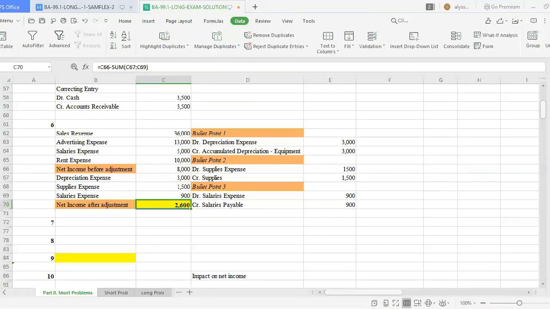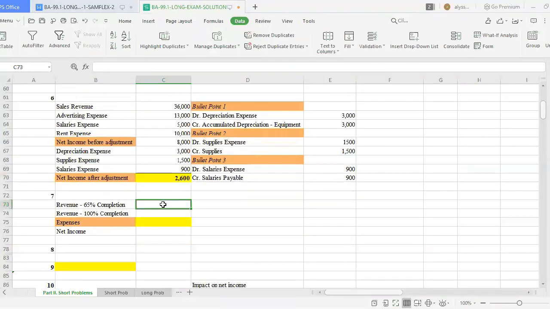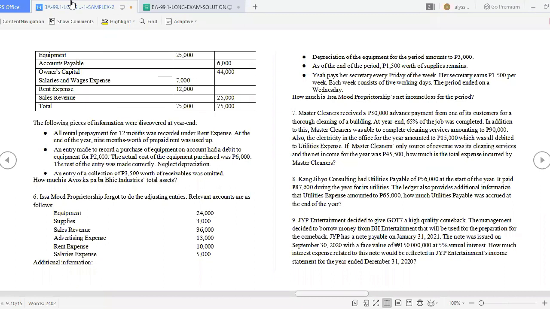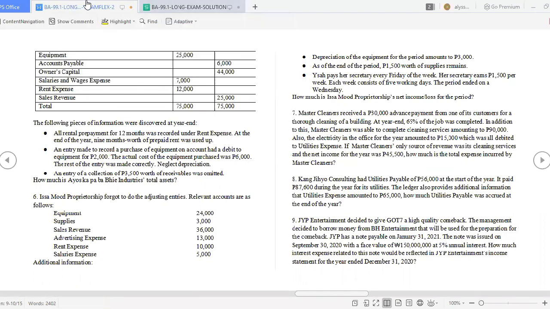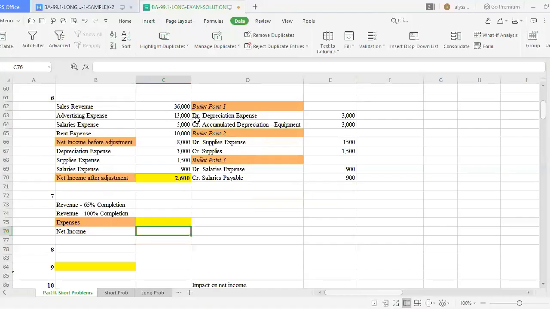So number 7. First, we plot what's given. So what we have here is the revenue and the net income. The net income is 45,500. So to get the income, again, subtract the expenses from the revenue.